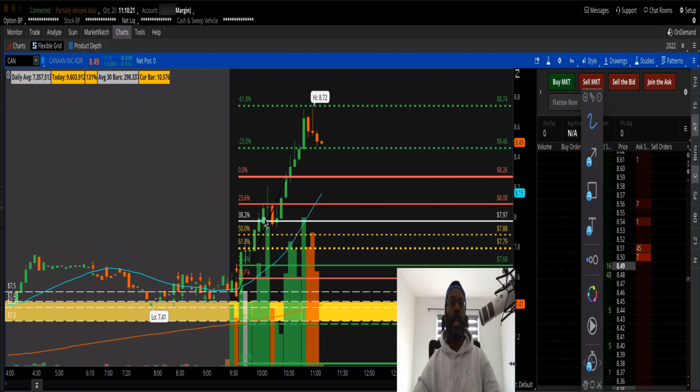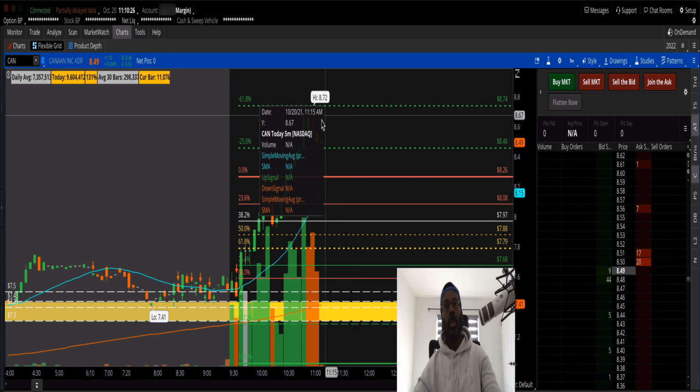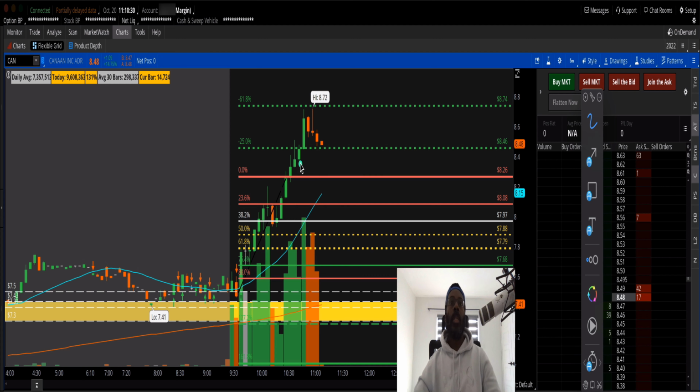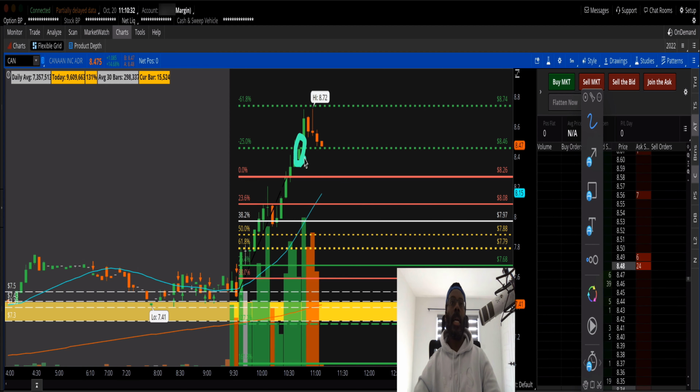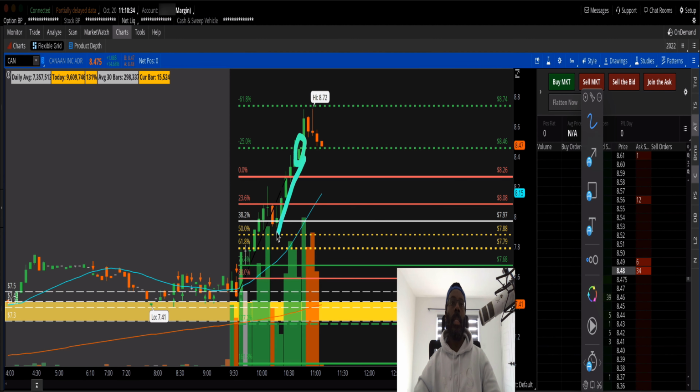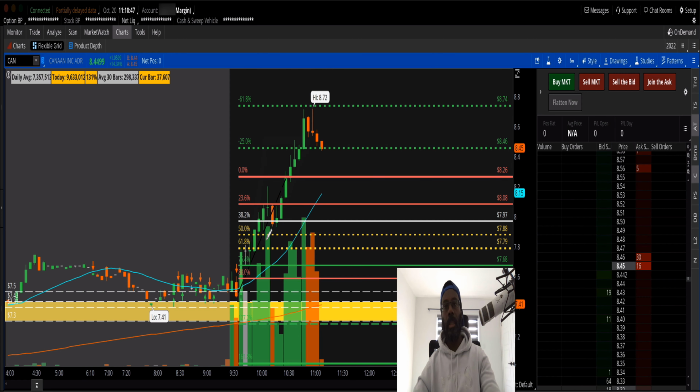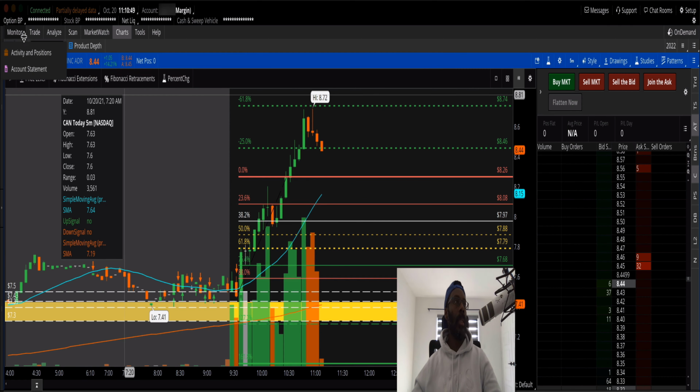You know right there when it hits that and it bounces, you know it's going to be a rip, right? So right from here, 10:44. So that's where I got out, right? So look at that rip right there. That's what you want. That's a 1, 2, 3, 4, 5, 6 candle movement. Right? So 33 minute movement trade right there, in and out, done.